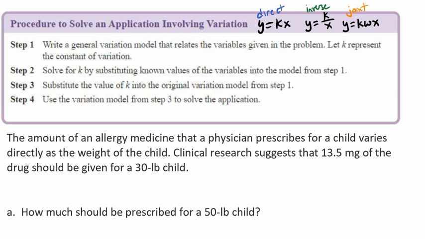And there are 4 steps. First, you want to start by writing a general variation model that relates the variables given in the problem, letting k be the constant of variation. Then, you want to solve for k by substituting known values of the variables into the model from step 1.